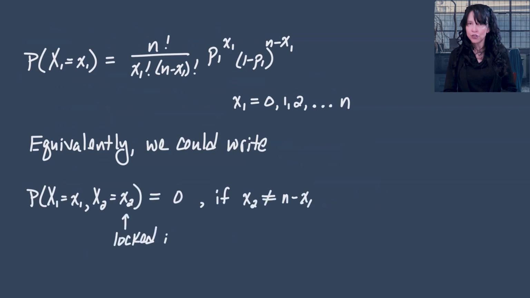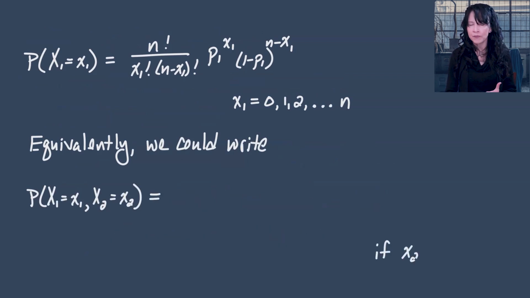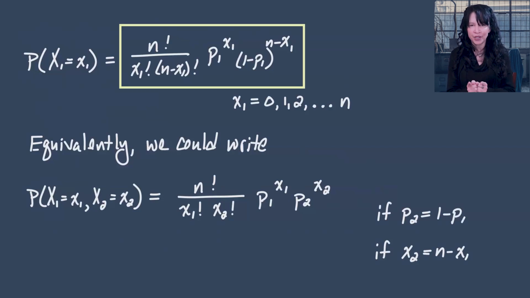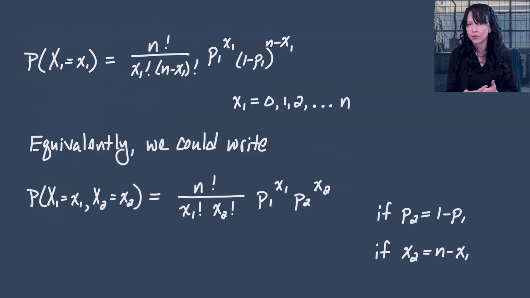So if we assume that little x2 is in fact n minus little x1, then we get an actual non-trivial probability here. We get n factorial over x1 factorial, also in the denominator x2 factorial, p1 to the x1, p2 to the x2. This is exactly what I have up here, just expanded with different notation because little x2 is n minus little x1, etc.